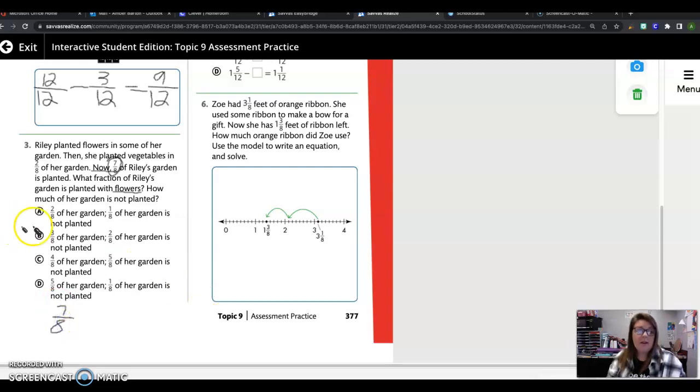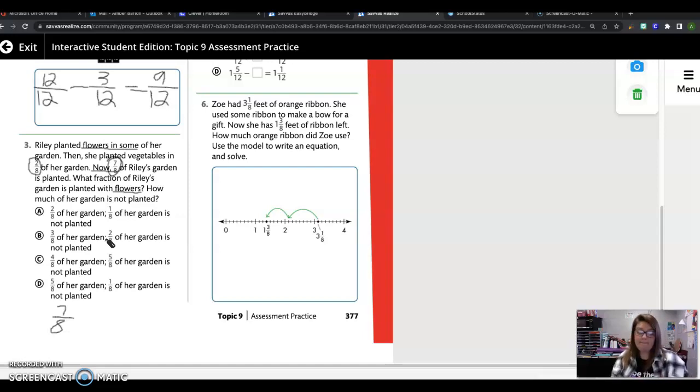That's right. Now, how much of her garden did she plant in flowers? Did it tell us? No, it just says she planted flowers in some of her garden. But did it tell us how much of her garden was planted in vegetables? Yes, it did. It told us that she planted 2/8 of vegetables in her garden. So how could we solve this to figure out the fraction of flowers?